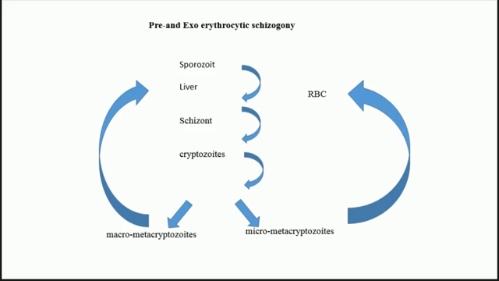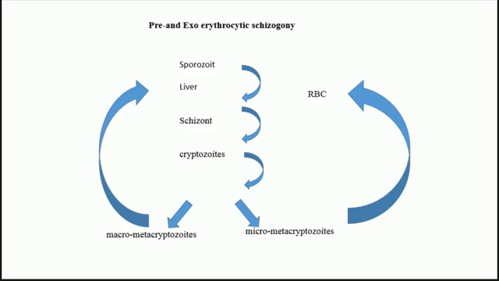Once they enter the hepatocytic cell, their elongated structure changes into a somewhat spherical structure, or cyst formation takes place. After the cyst formation, they convert into cryptozoites.